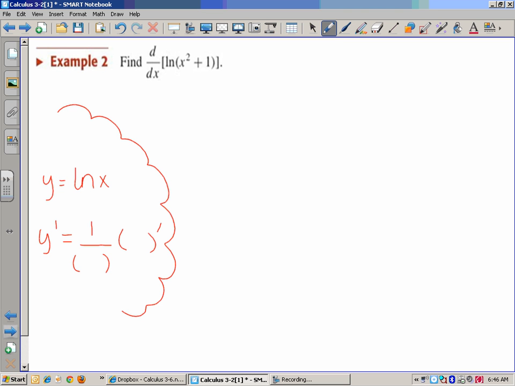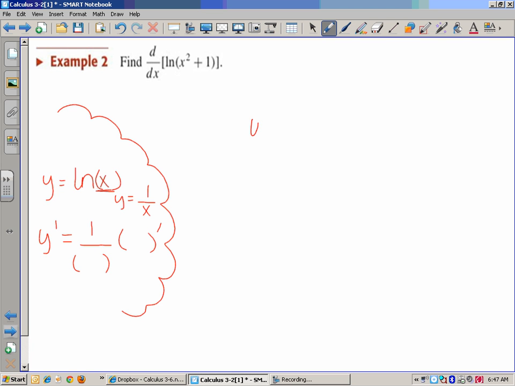That's applying the chain rule. The basic rule says that's 1 over x, but that's implying that what's inside the parentheses is just x. However, when it's a function u or p or q, whatever you want to call it, it's going to be 1 over that thing times the derivative of that thing.